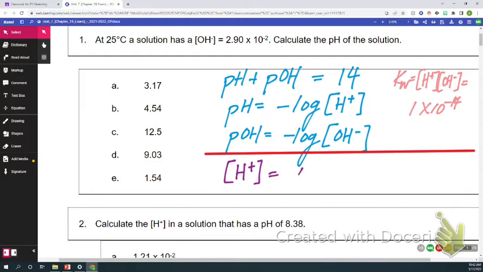H plus is equal to 10 to the negative pH power, and OH minus is equal to 10 to the negative pOH power. Okay, those bottom two are not on your equation sheet, but maybe I'll write it on the whiteboard during your final. Remind me if it's not up there, but try to remember these two.